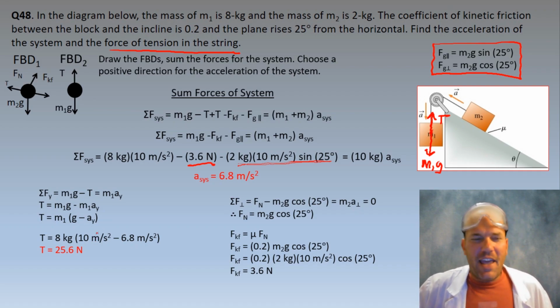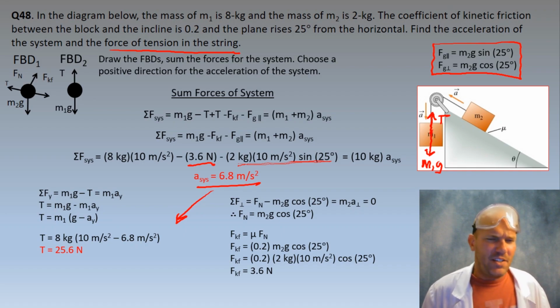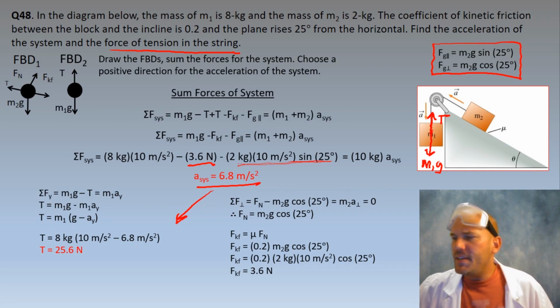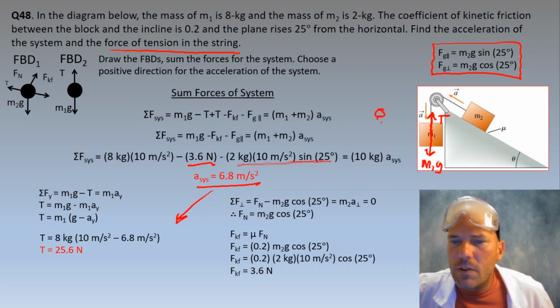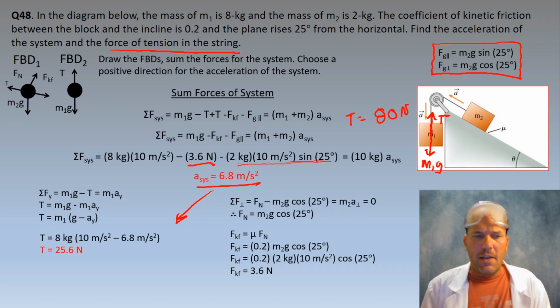So we're taking that value, which we found using a system approach, and we're subtracting it from 10 meters per second per second. So the force of tension is much less than the predicted 80 newtons. Okay, 80 newtons is the force of tension when the object is at rest or in a state of equilibrium. Here, it's much less than that.